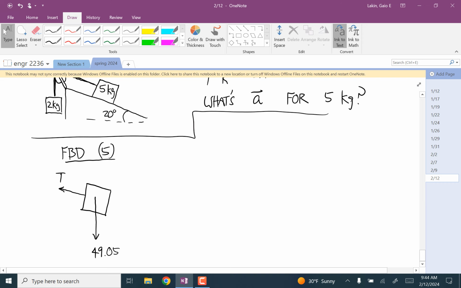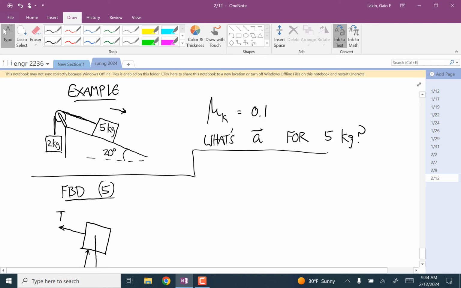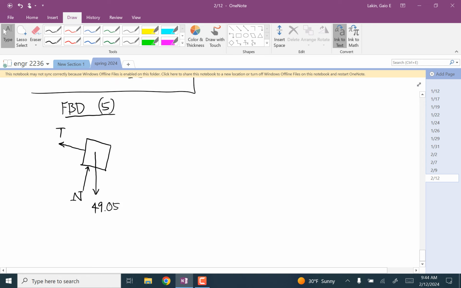And now we have to deal with the friction. There's a pushing force that's perpendicular to the surface toward the body. I'll call that N. And now the friction force is opposite of the velocity vector of this body. And so that's going to be up the ramp this time.